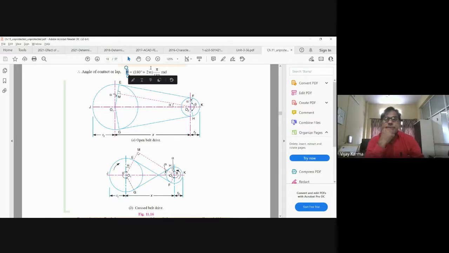And in radians we write it by multiplying pi by 180. So this is the angle of contact on the left.